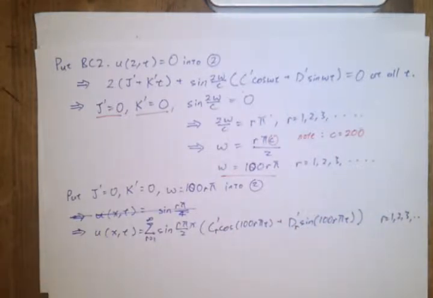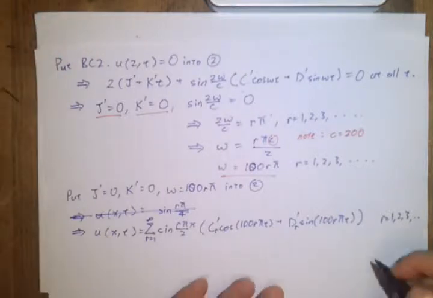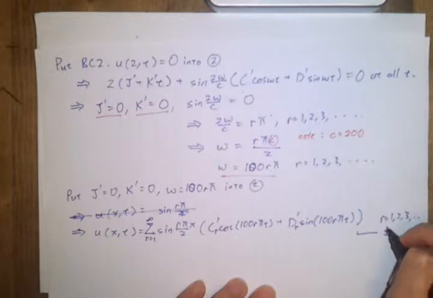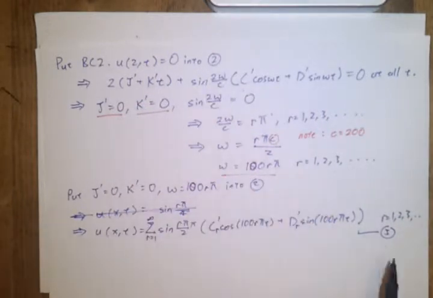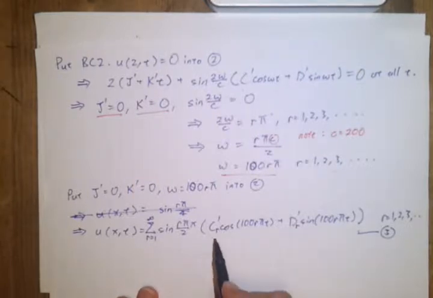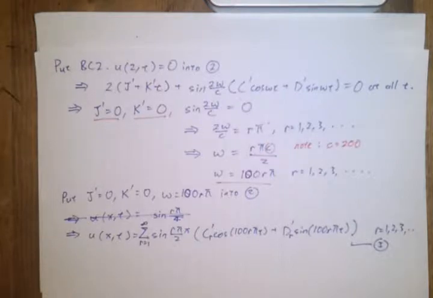Now you can see we have reached a new solution, which let me call solution 3. We have further simplified solution 2 to solution 3. This is the solution that we need. The only thing left is to find the coefficients c r prime and d r prime. How do we do that?